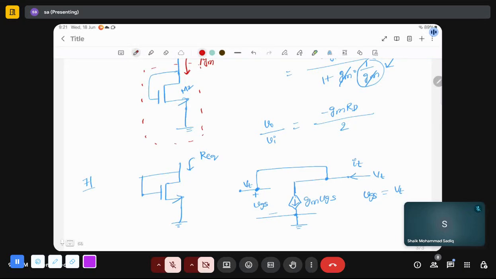The current flowing in this branch is 0. So IT is gm VGS, which is gmVT. So VT by IT is 1 by gm, that is R equivalent.